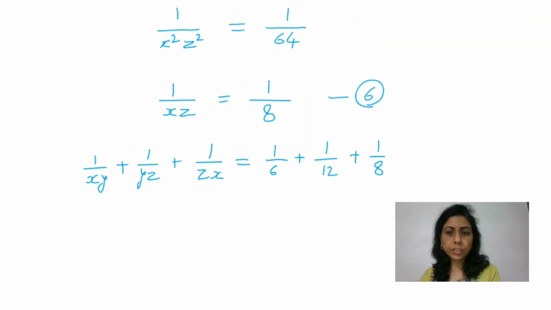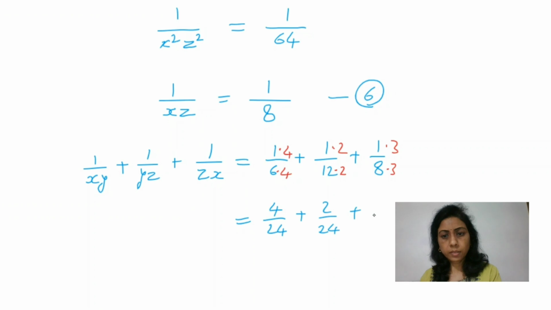For adding these fractions, we have to make the same denominator, and here the least common denominator of 6, 12 and 8 is 24. So make 24. 6 times 4, 24, 12 times 2, 24, 8 times 3, 24. 4 upon 24 plus 2 upon 24 plus 3 upon 24.